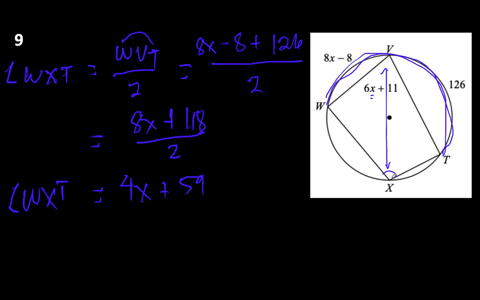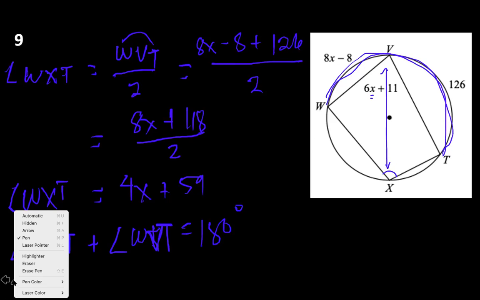But we know WXT and WVT are supplementary. So the measure of angle WXT plus the measure of angle WVT is equal to 180 degrees because they are supplementary angles, correct?